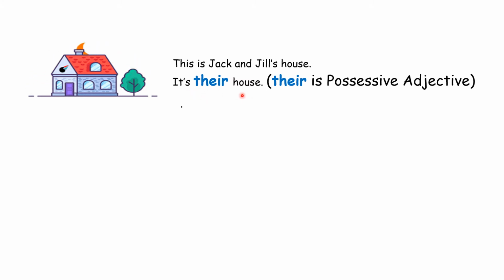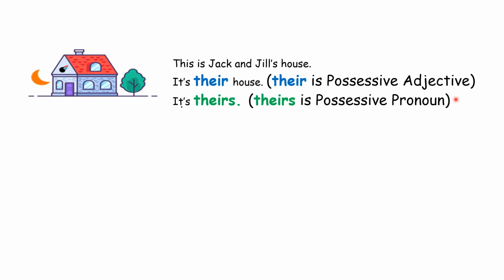It refers to this one house, and their belongs to Jack and Jill as a possessive adjective. Or we can also say, "It's theirs." It's still refers to this one house, and theirs refers to Jack and Jill as a possessive pronoun.